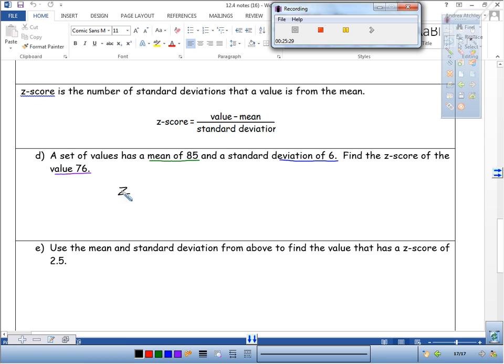So again, our z-score equals your value minus the mean divided by the standard deviation.